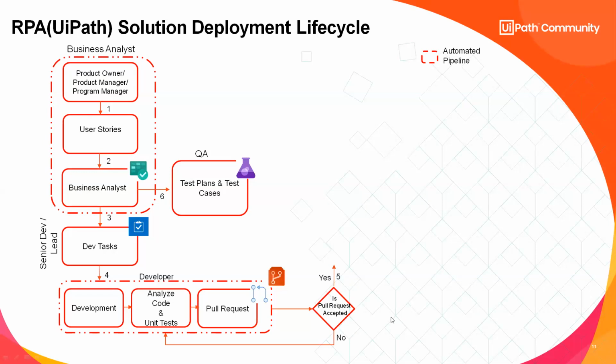If the pull request is accepted by the senior lead or the senior developer, then it will go to the next level, or else it will come back to the developer to make the necessary changes.